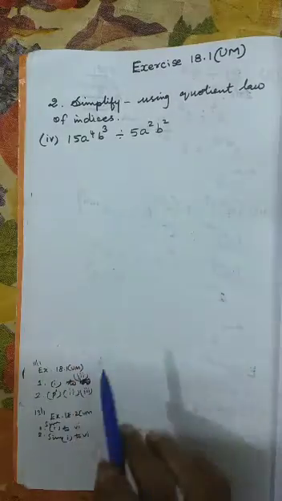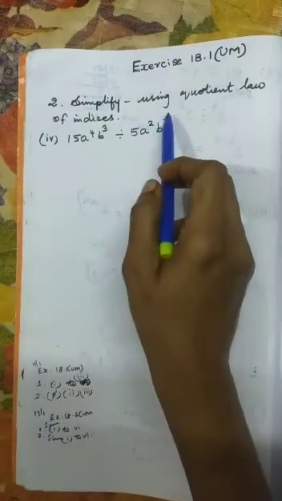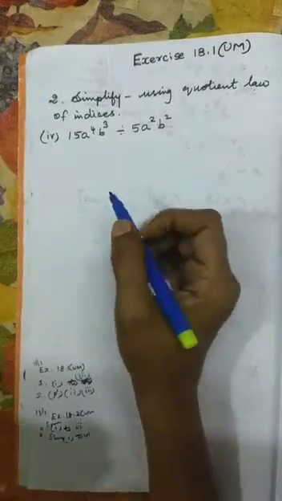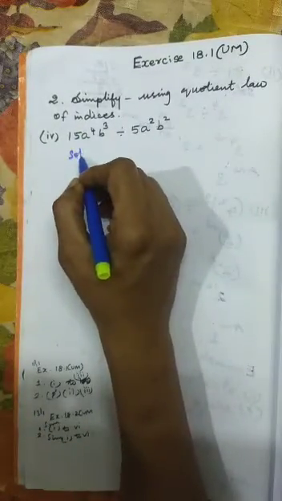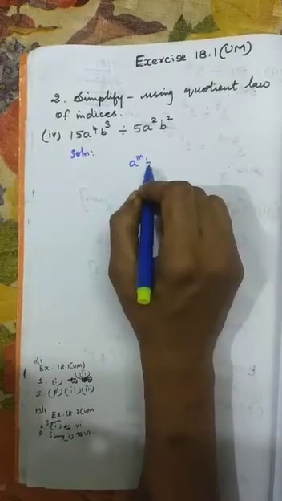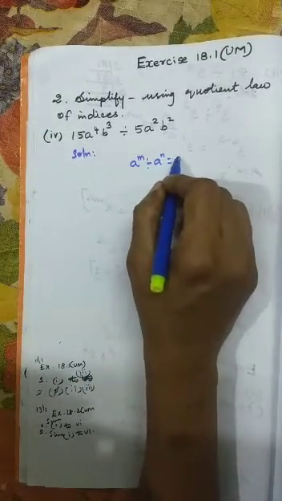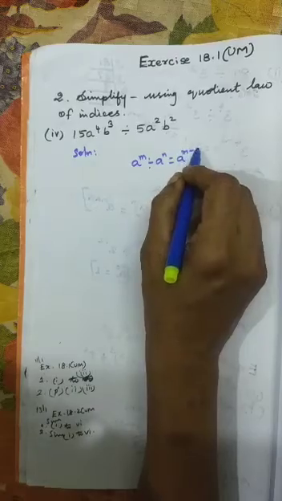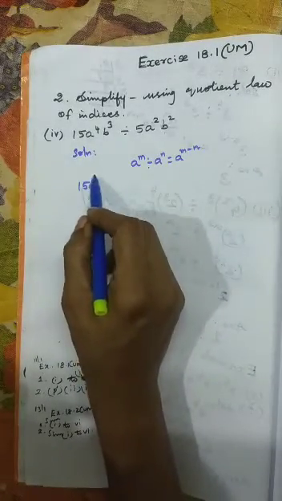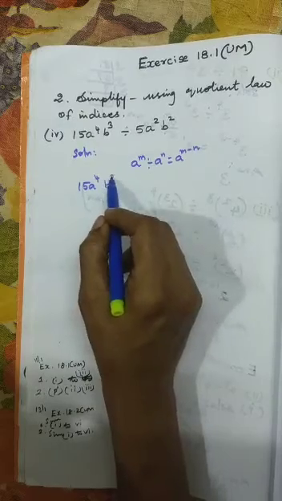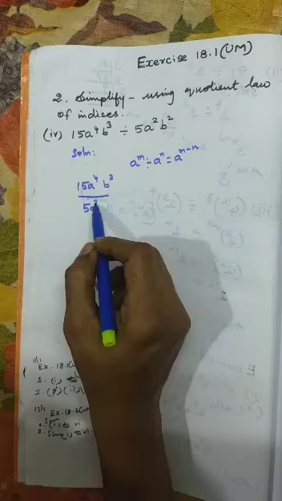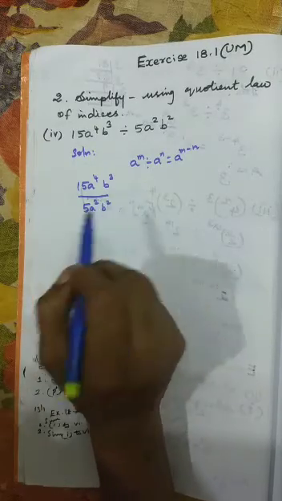18.1 understanding max. In this, simplify using quotient law of indices. What is the quotient law? Yes, a power m divided by a power n equal to a power m minus n. Okay. The question is 15 a power 4 b power 3 divided by 5 a square b square.